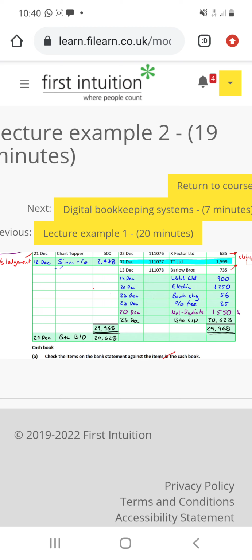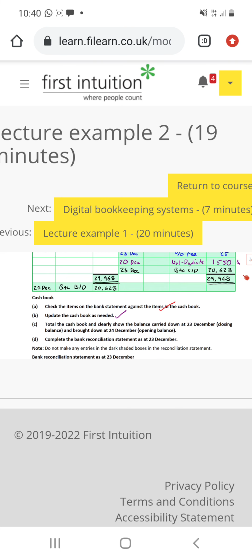Just as we would normally, balancing off a T account. So total it up, put in your missing figures to get your 2628 balance. That has now completed part C. We've totalled the cash book and balanced it all off.